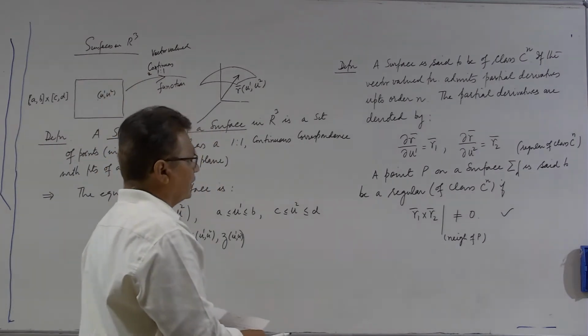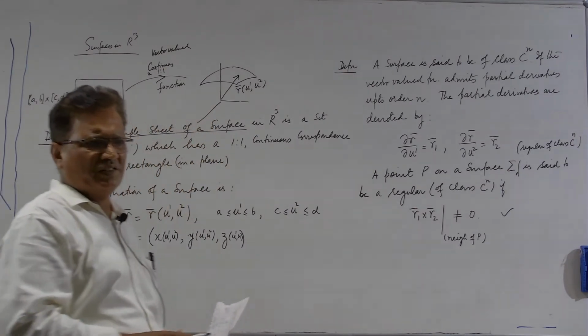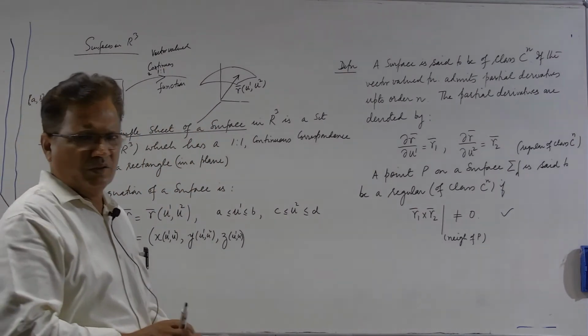If r1 cross r2 at some point becomes 0, then we say that the point is a singular point.